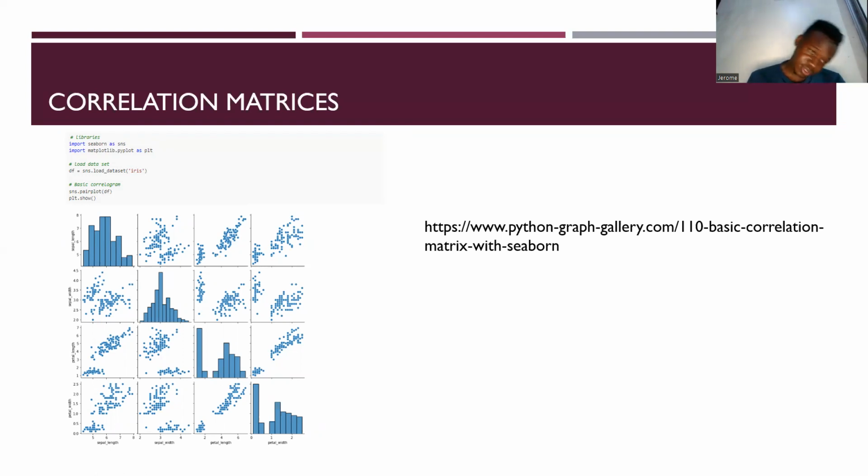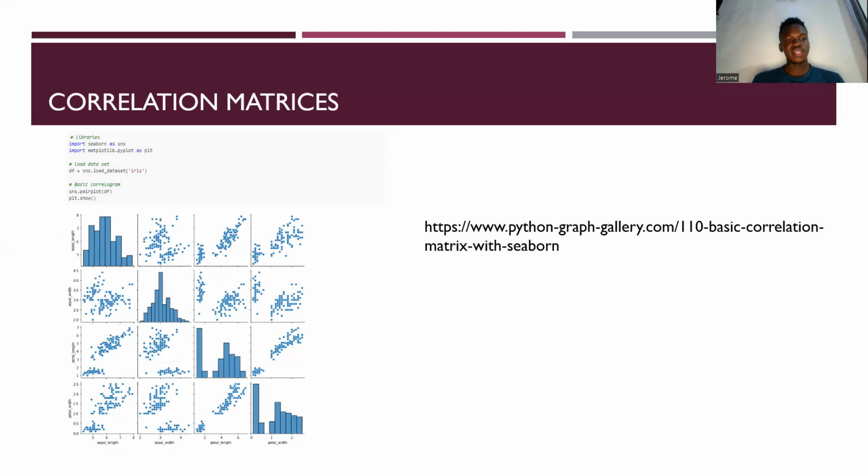We have petals and sepals: sepal length, sepal width, petal length, petal width. In the diagonal, of course, it correlates with itself one-to-one, because sepal length has a perfect correlation with sepal length. These are the matrix of correlations of how the different features of the data set correlate.